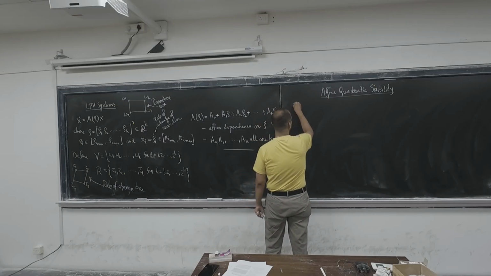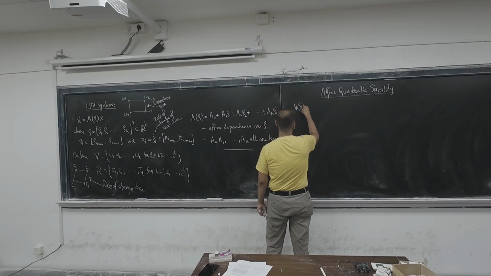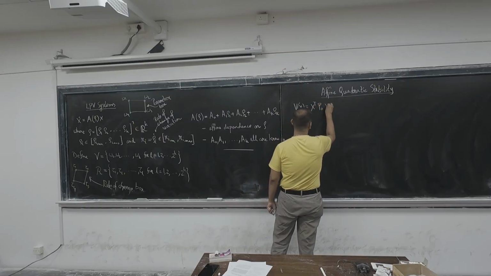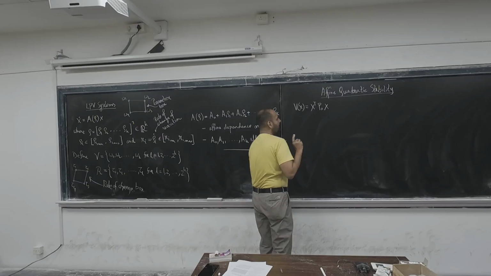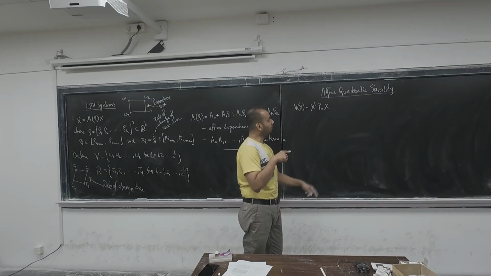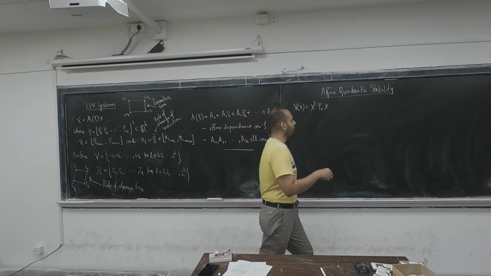So in case of quadratic stability, our V of x was only x transpose P x. Maybe last day I didn't write P0, I wrote only P. Now I am writing P0 because immediately for the affine case I am going to write P of rho.